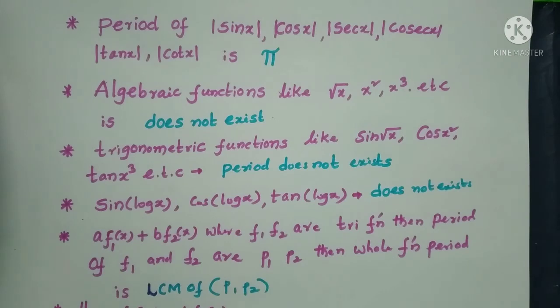That's why the period is pi by 2, because that is the least fundamental value. So the period of mod sin x plus mod cos x equals pi by 2. Don't worry about that, we will see it in examples.